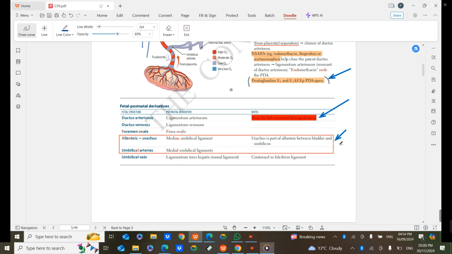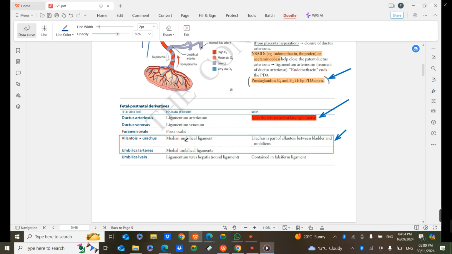Because these are the most tested ones in the exam. We have the allantois, and we have the umbilical artery. Allantois gives rise to the urachus. Now, the postnatal derivative of the urachus is the median umbilical ligament. The umbilical artery gives rise to the medial umbilical ligament.